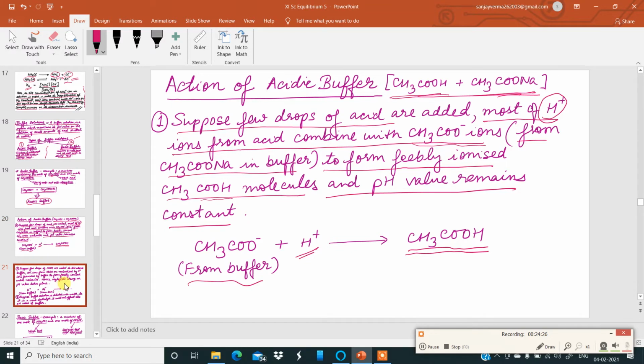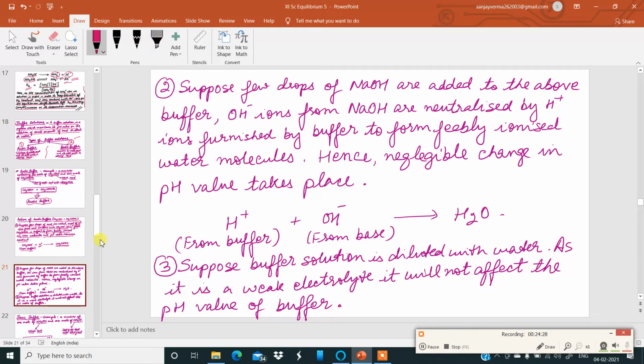The second point over here, suppose now instead of adding the acid, we add few drops of sodium hydroxide to the above buffer of acetic acid and sodium acetate. The hydroxyl ions from NaOH, definitely this sodium hydroxide is going to give hydroxyl ions, are neutralized by the H plus ions furnished by the buffer to form weakly ionized water molecules.